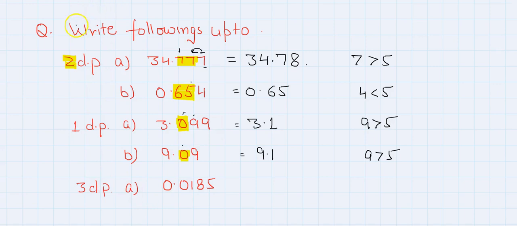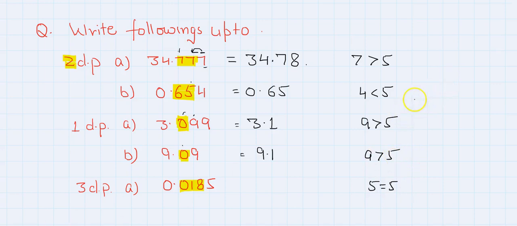Now let's take another example, that is up to 3 decimal places. We have to write this up to 3 places of decimals. So this is 1, 2 and 3. And the next number is 5. So 5 is equal to 5.